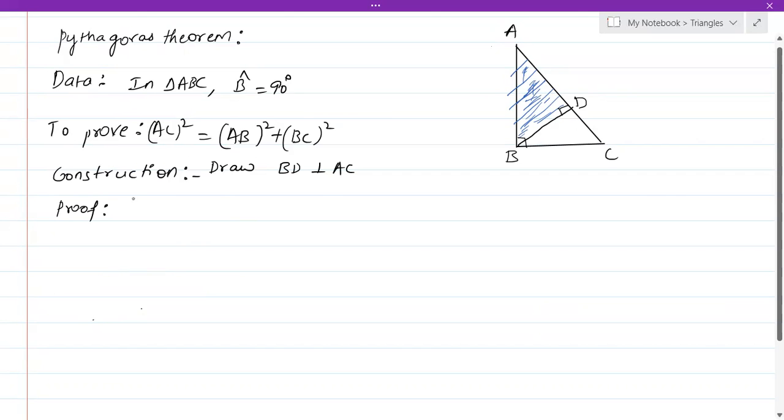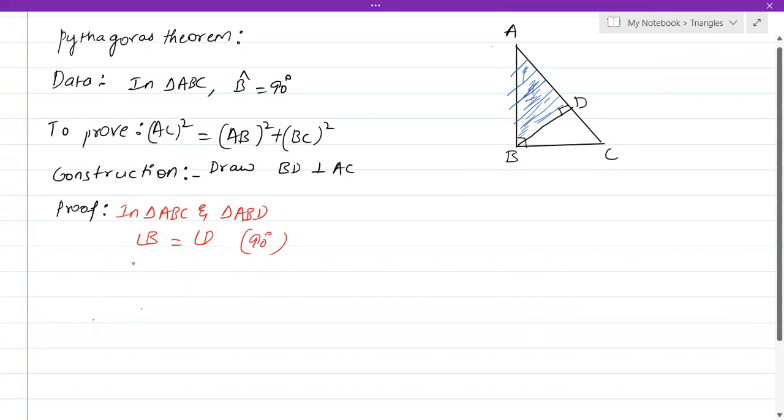So in triangle ABC and triangle ABD, observe in the bigger triangle ABC, angle B is 90 degrees. In the smaller triangle ABD, angle D is 90 degrees. So both are equal.